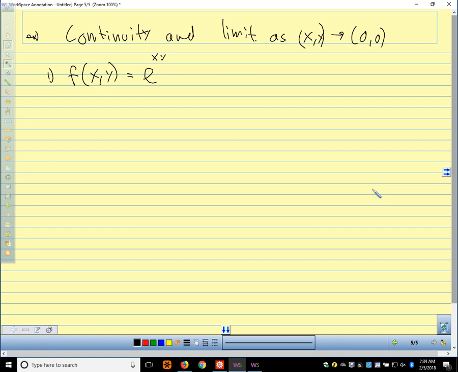Are we going to have any issues here with our function being undefined or some strange values popping out? No? So this is going to be continuous. This is a composite function. This is going to be continuous everywhere. What would be a strange value that would make it not? 1 over 0, something like that. Okay. Natural log of 0. Continuous everywhere. And the limit as (x, y) approaches (0, 0) is 1.